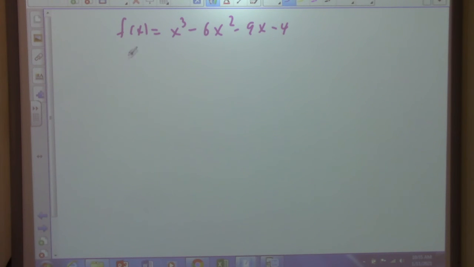Then you have f prime of x is equal to 3x squared minus 12x minus 9.